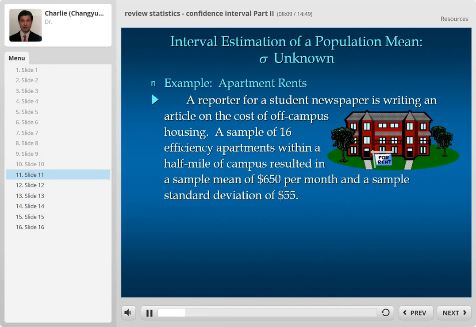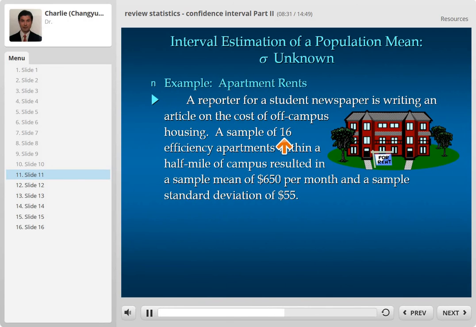A reporter for a student newspaper is writing an article on the cost of off-campus housing. A sample of 16 efficiency apartments within a half mile of campus resulted in a sample mean of $650 per month and a sample standard deviation of 55. Now, first of all, the sample size is 16.